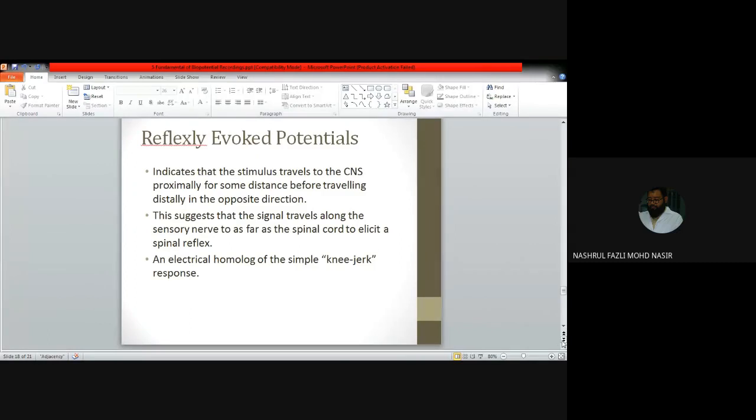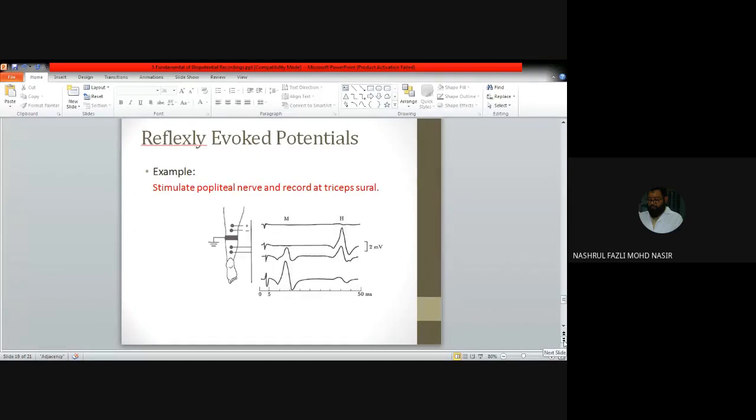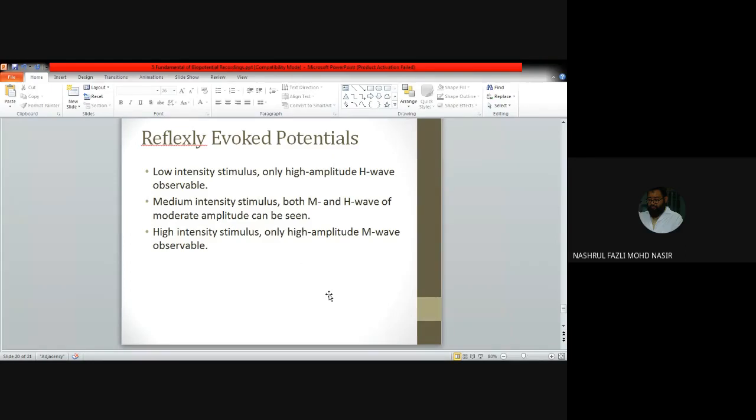We have 20 minutes. One example: stimulate the popliteal nerve and record at the triceps. This is the characteristic, we have the M and H here, and we have the P. The recording is for 50 milliseconds, and this is around 2 millivolts in size.